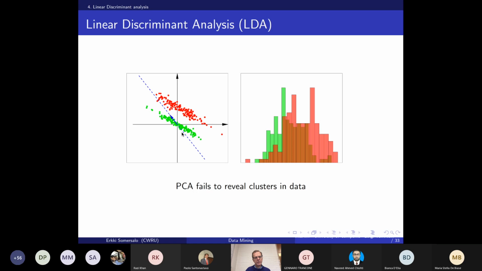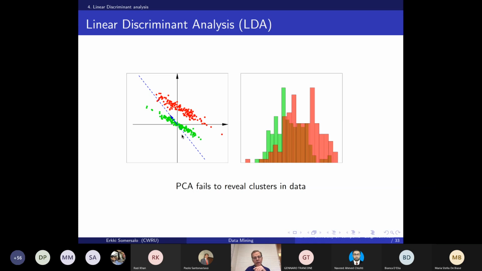However, if you look at this picture here, you would intuitively say that if I'm projecting into almost an orthogonal direction to this blue line, then I would clearly have two nice compact clusters. And maybe that's the direction that I would like to use here. So the principal component analysis is not doing what I want here. And this is the whole idea of linear discriminant analysis.